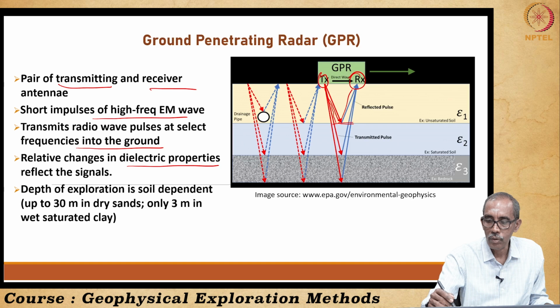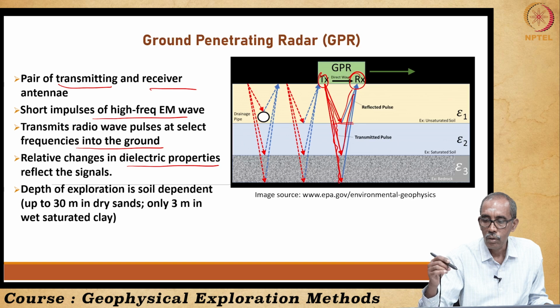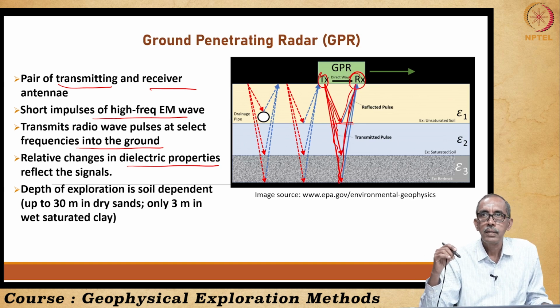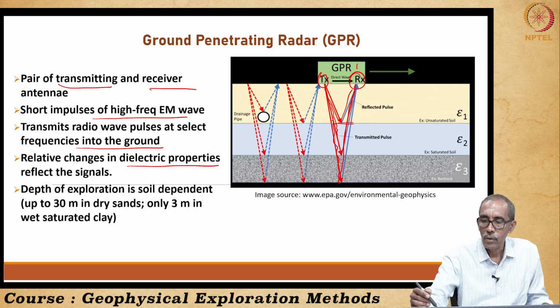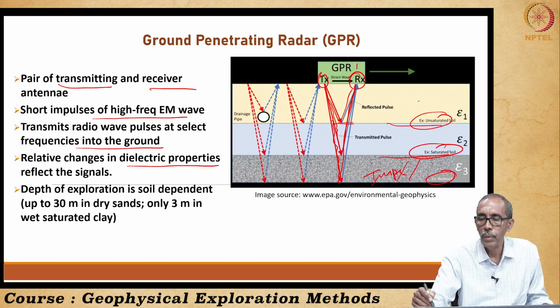Part of the waves go past the interface, meet the next interface, and get reflected. Part of the signals goes much deeper and is reflected back to the surface, where it is received. Using this technique, we are able to demarcate the interfaces between, for example, an unsaturated soil, a saturated soil, and beneath that an impermeable formation, maybe a bedrock.